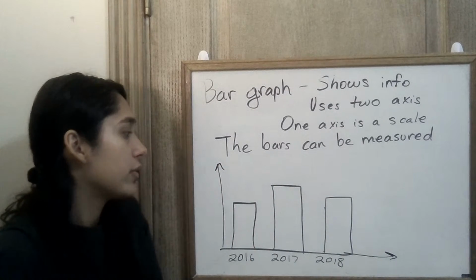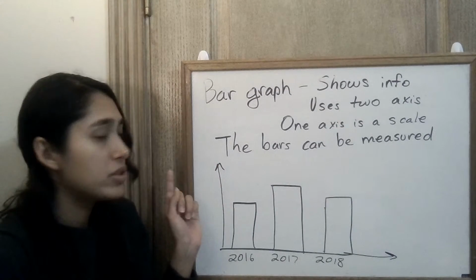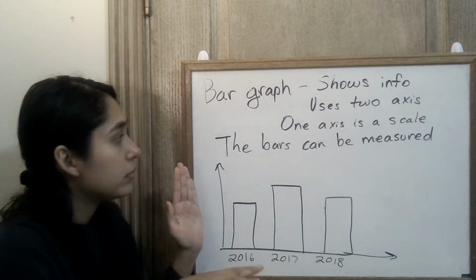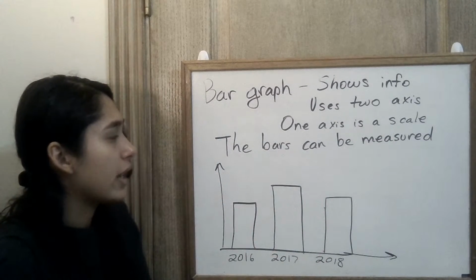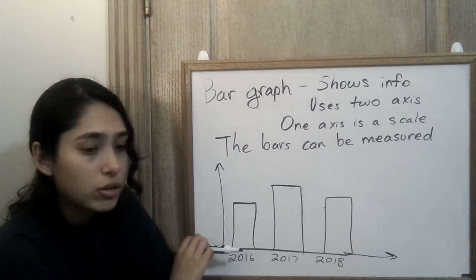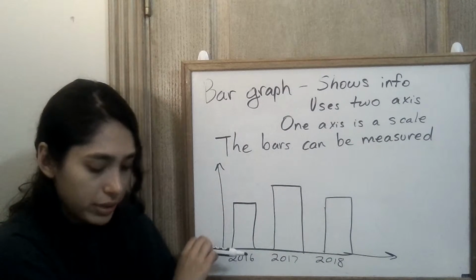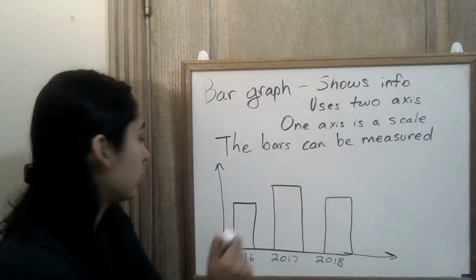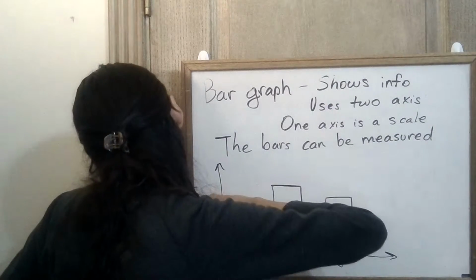So this is a bar graph. It's showing information. I'm using two different axes, so there's basically two different lines that intersect. And one axis is the scale, and then against that scale, we're going to use bars to measure. So these are talking about years. This is a number of promotions.